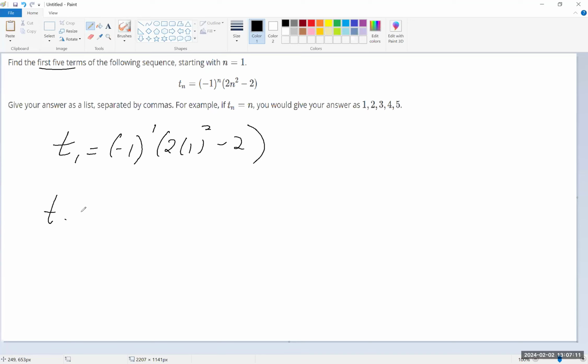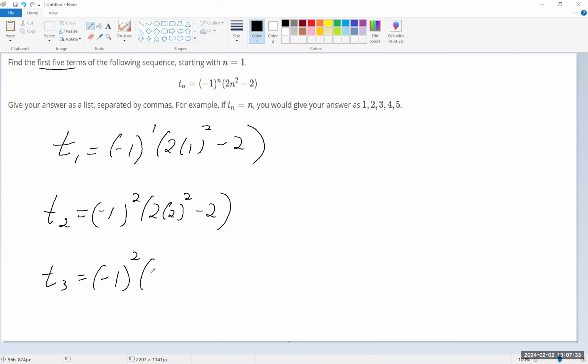T sub 2, we're going to just plug in 2 in place of n. And so on. So in a minute, we'll start computing each of these.